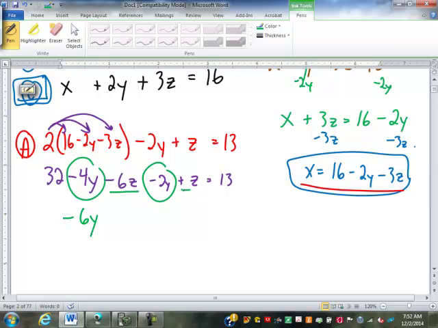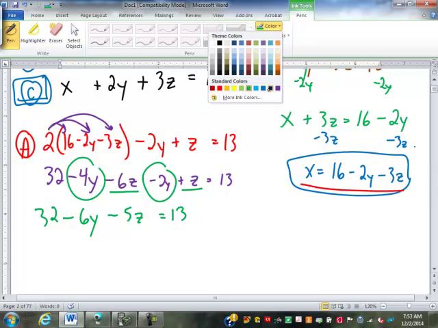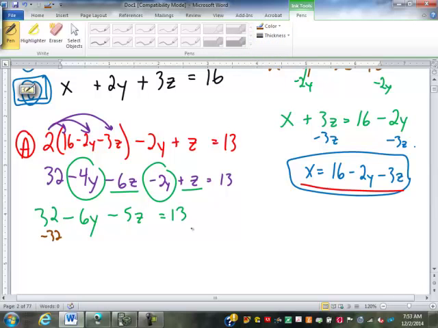Negative 6z and positive z make negative 5z. We've still got that 32 up front equals 13. And now we shall subtract the 32. The reason we're subtracting the 32 is just to get all the constants on one side, all the variables on the other. So I have negative 6y minus 5z equals negative 19.